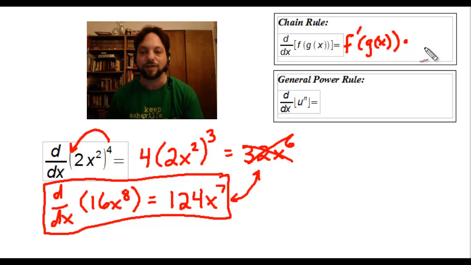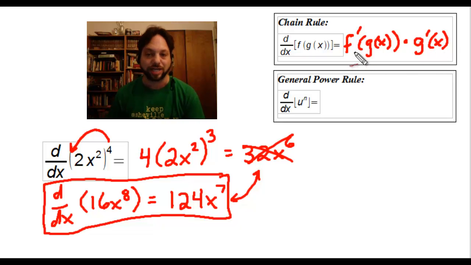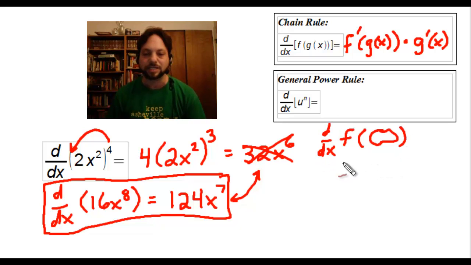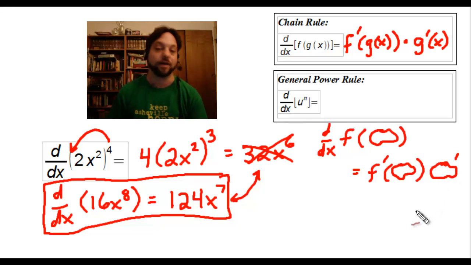However, you then need to follow it up by differentiating the inside part of the function. So it would actually look like this. In other words, if we think of this as f of some blob, then if we differentiate that with respect to x, what we'll actually get is f prime of blob, but then multiply that by the derivative of the blob.